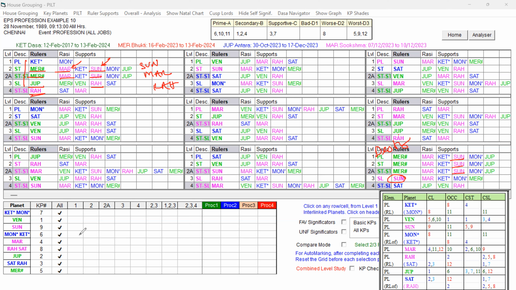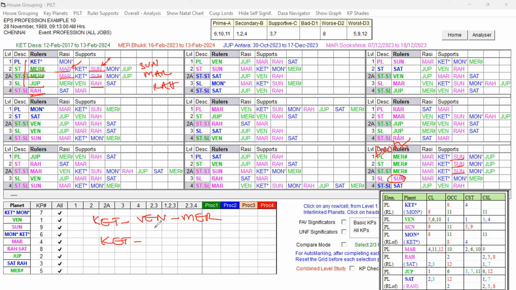In Ketu Dasa, actually, this native got the change of job in Ketu, Venus, and Mercury. And in Ketu, we had a detailed discussion in the EPS table with the periods. I am explaining only with the help of the periods so that you can easily learn how the favorable and unfavorable key planets are influencing these planets.